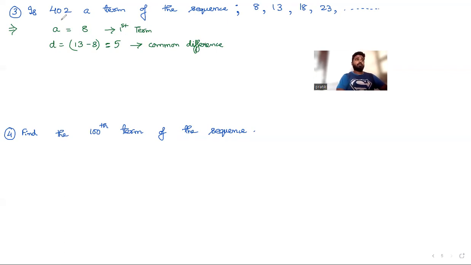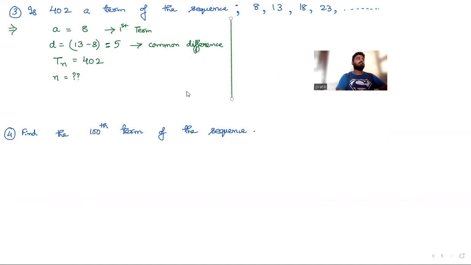Now, to find out if 402, so T of n is 402, I need to find what n is. If it is an integer, yes, it is a valid term of the given sequence. If it is not, then the number does not belong to the sequence. This is how we generally find out.